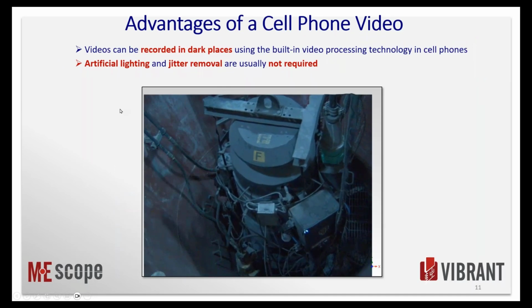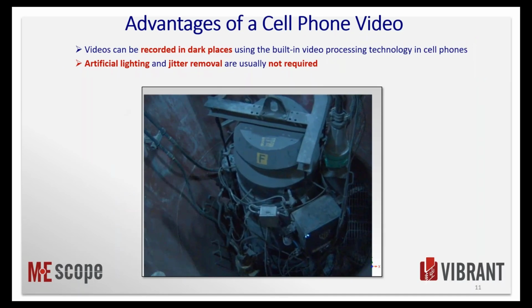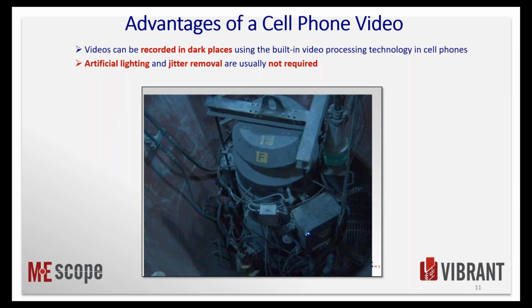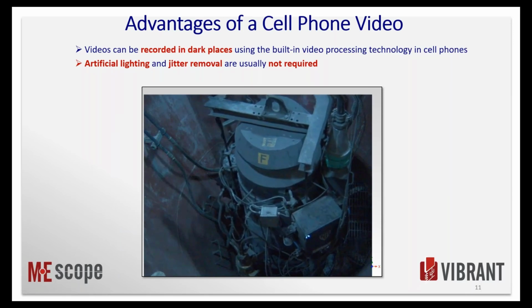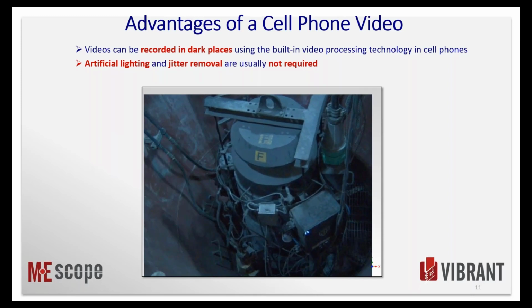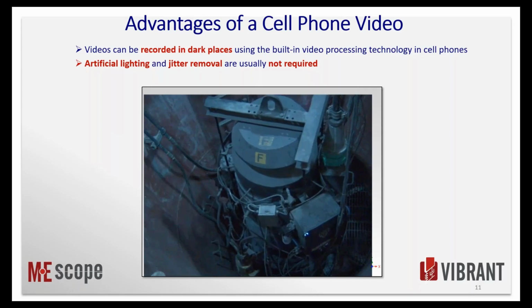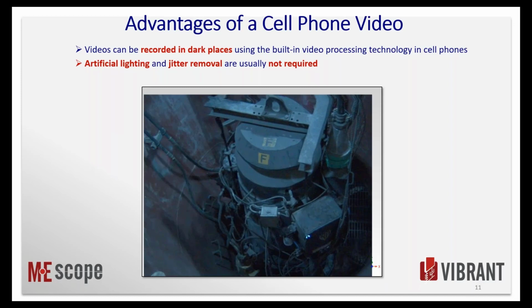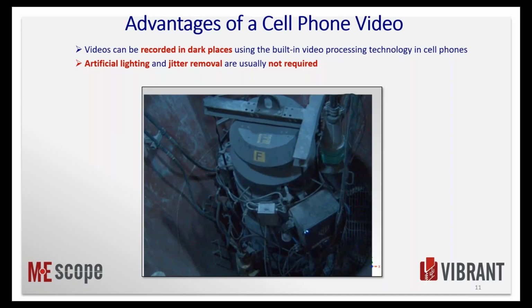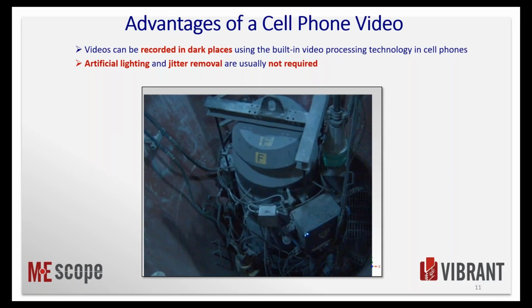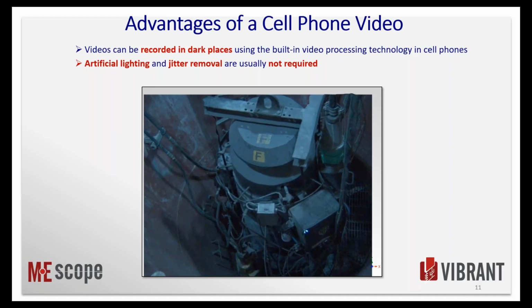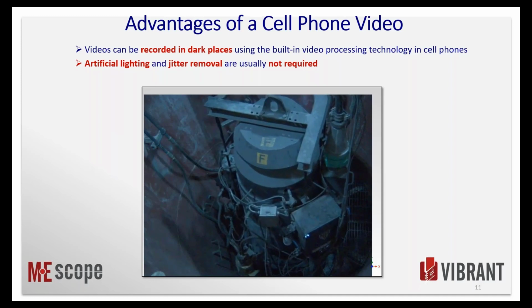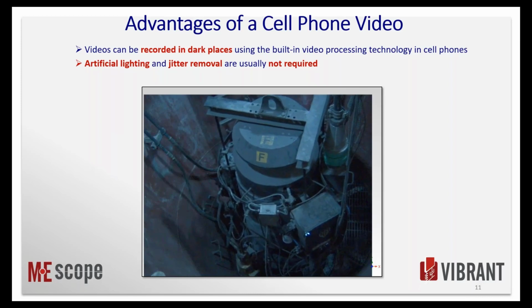Here's some other advantages of a cell phone that don't exist, as I already mentioned, with a high-speed camera. You need artificial lighting with a high-speed camera. A cell phone has algorithms that will brighten up the picture so that even in a dark place, a machine like this in a dark place, you get usable data that you can extract vibration from.